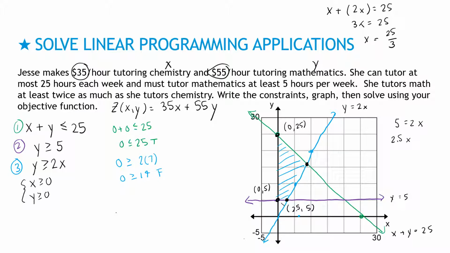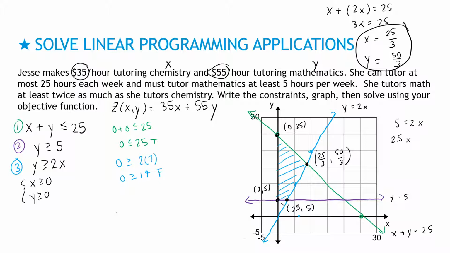Together they have to add up to 25. So if I take 25 thirds, then I would need y to be 50 thirds, because that would be 75 thirds, or 25 total.